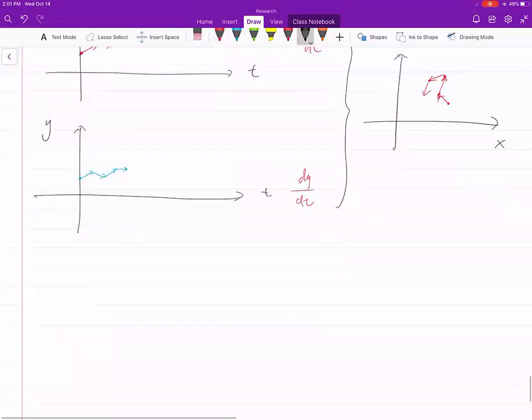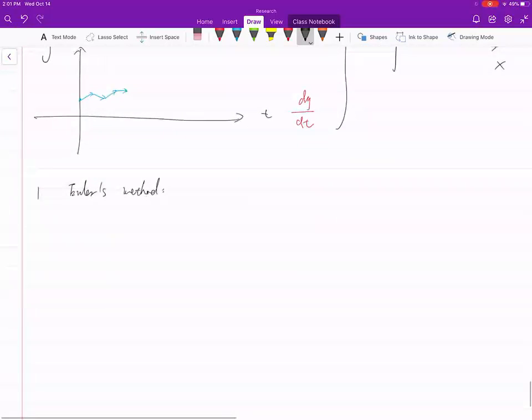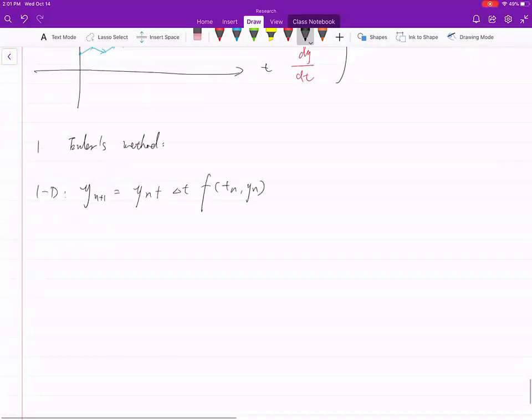All right. In one dimension, y at t plus 1. Let's do n plus 1. Equals yn plus a delta t times f(yn, tn). In 2D or 3D or whatever, so just like a system. Y at n plus 1, which is a vector, by the way.